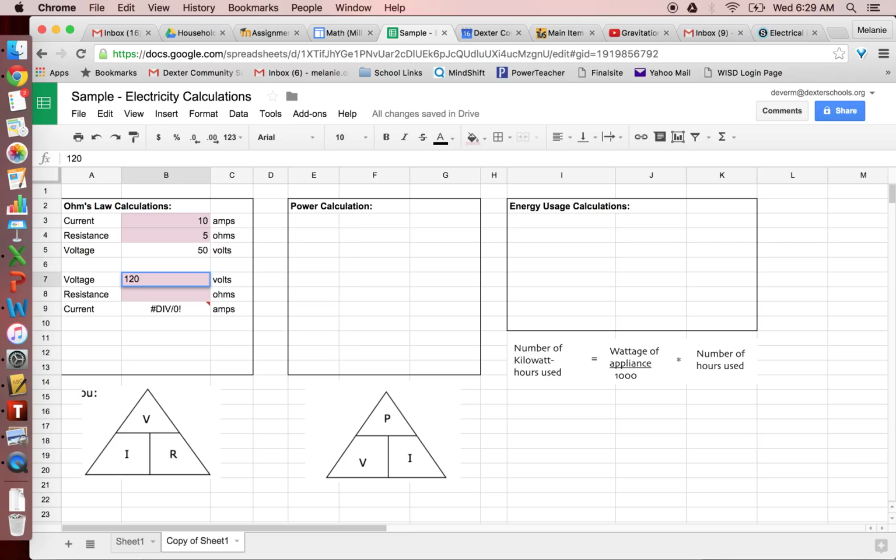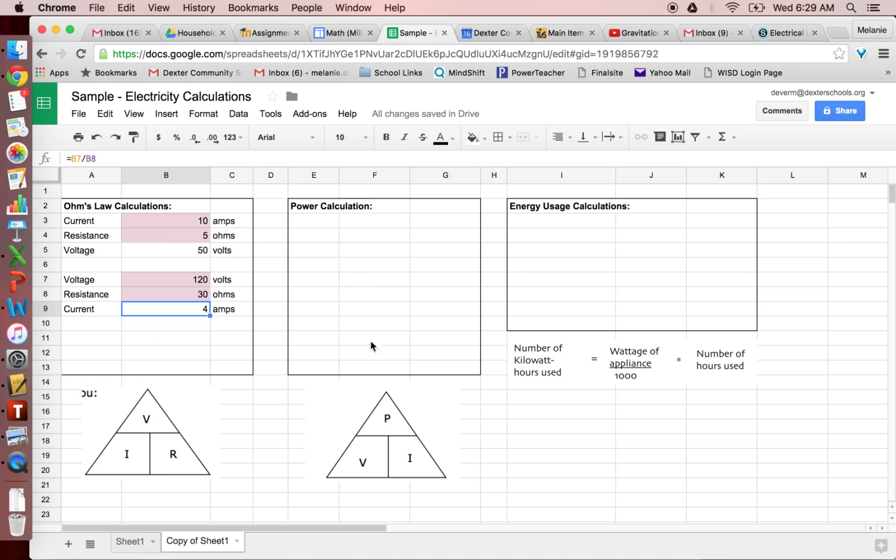But as soon as I enter in some numbers for voltage and resistance, now I find what the current is. You're going to enter the third formula down here, and you're actually going to enter all three of these, but I've shown you how to do the first two. You're going to create from scratch the remaining formula for resistance. It's going to be voltage divided by current.